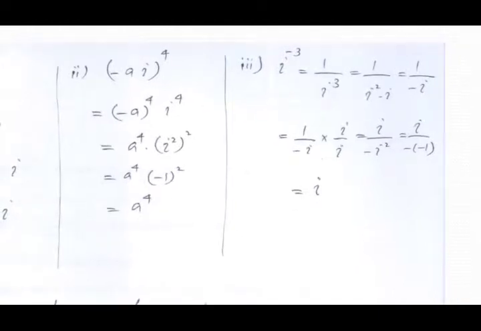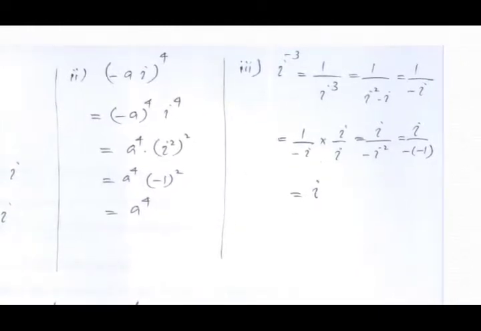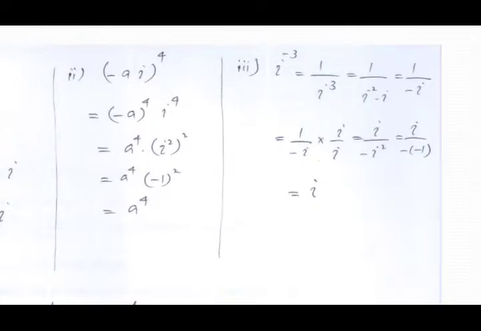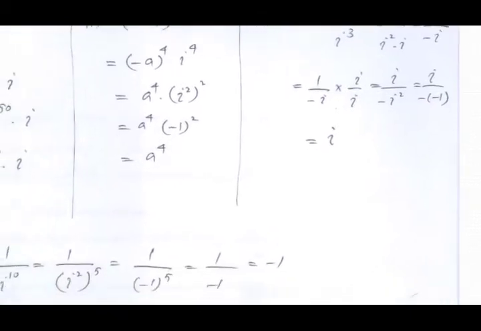If the power is a negative number, then take the reciprocal to make it positive, and then simplify. If you have iota in the denominator, then rationalize it. Simple questions.